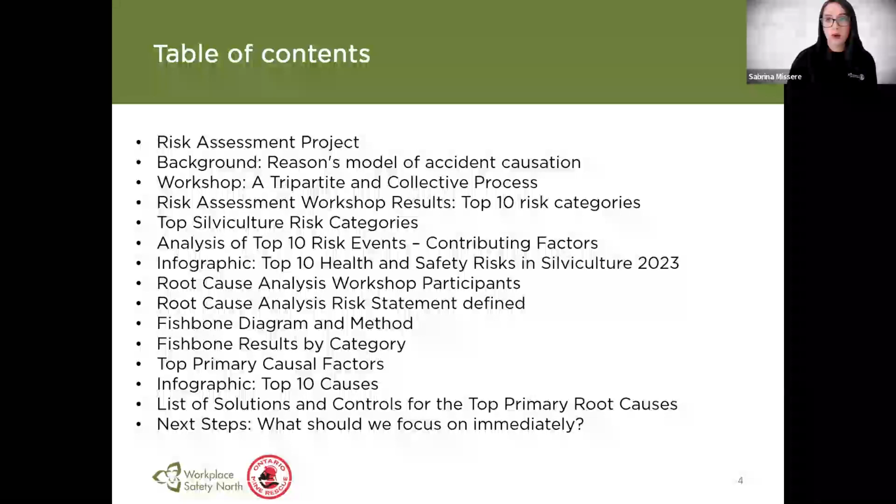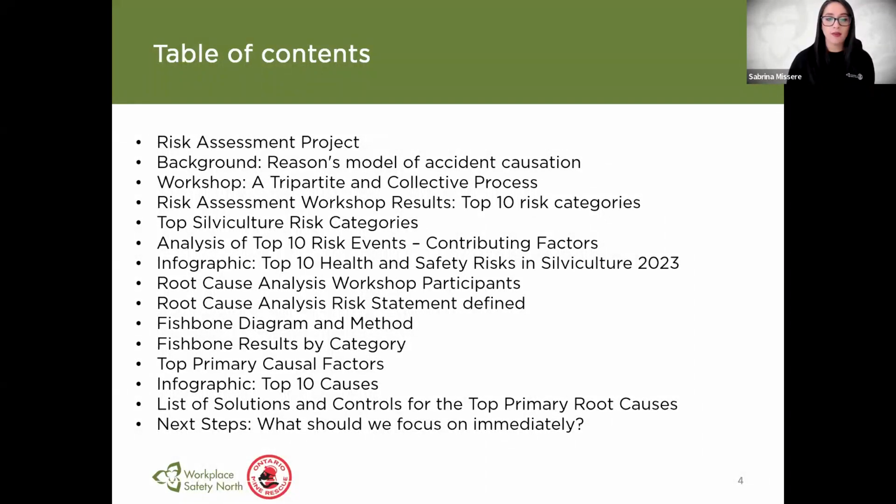And then an overview of the contributing factors and the infographic that has already been shared via our social media channels. We're then going to move into an overview of the root cause analysis workshop, our risk statement, and take a closer look at the fishbone diagram that was done as part of our 2-day session.